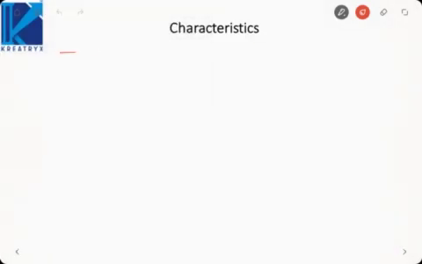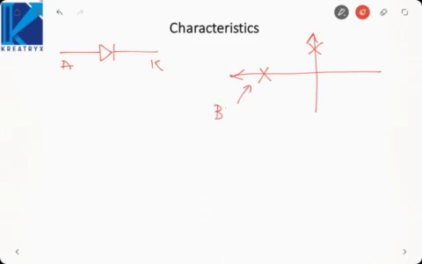So first we take the case of a diode. Now based on the above classification, it is a unipolar and a unidirectional switch. So characteristics will have 2 points. This indicates the blocking state. This indicates the conduction state. So in ideal characteristics, we have to show both the blocking as well as conduction states.